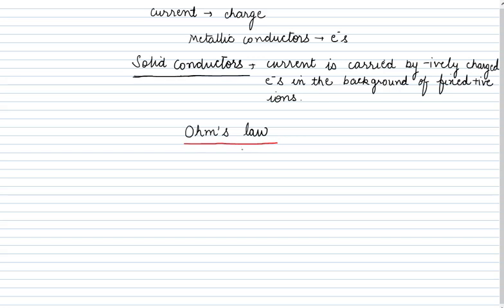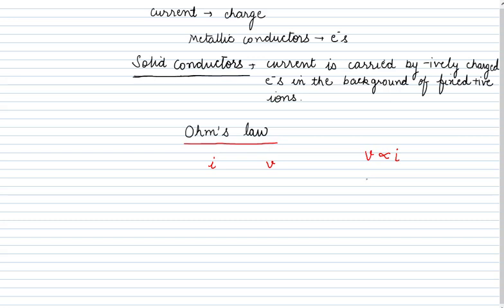If we have a conductor, and through this conductor a current I is flowing. I repeat, we have a conductor, and through this conductor a current I is flowing. And this current I is flowing due to a potential difference V. So V is the voltage we have applied, and due to this potential difference between the two ends of the conductor, if the current which is flowing is I, then the voltage is directly proportional to the current flowing through the conductor.